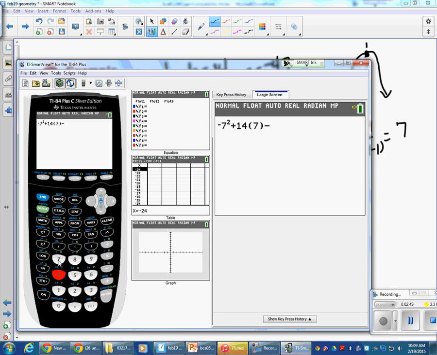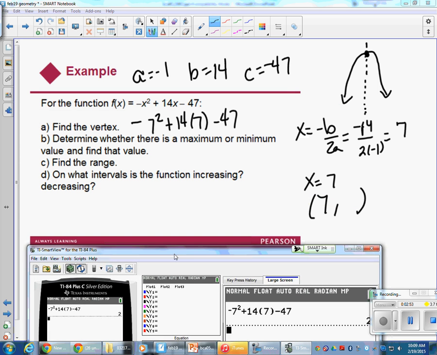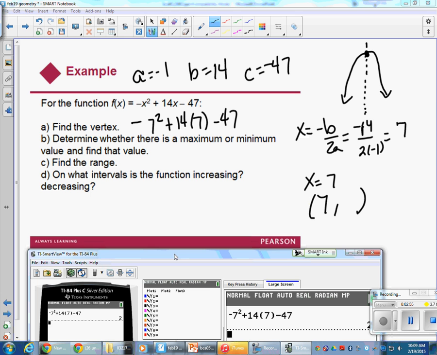And when I plug in 7, I get 2. So my vertex is going to be at the point 7, 2. So this high point right here is 7, 2.